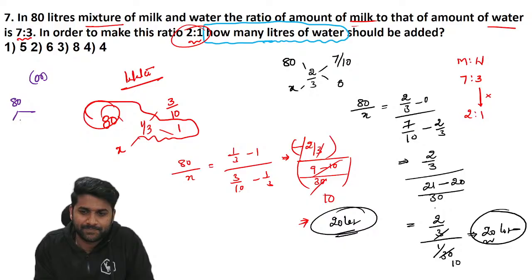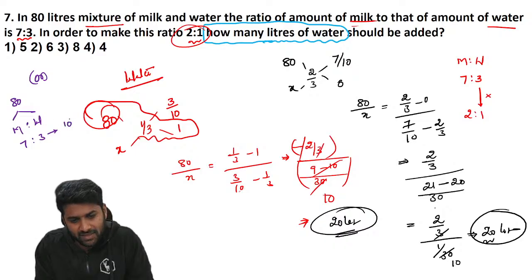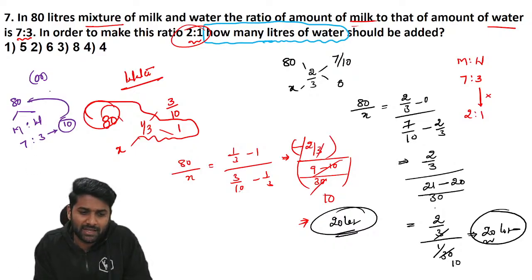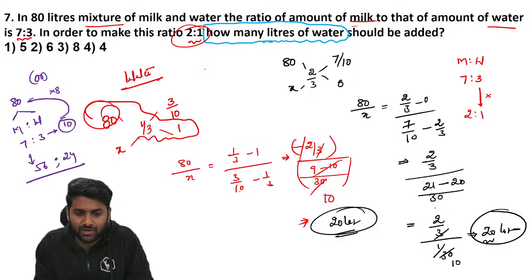Initially 80 liters. And the ratio of milk and water is 7 is to 3. It means if I have 10 liters, 7 liters is milk and 3 liters is water. 10 become 80, each is multiplied with 8 times. So 7 into 8, 56 liters of milk and 24 liters of water.